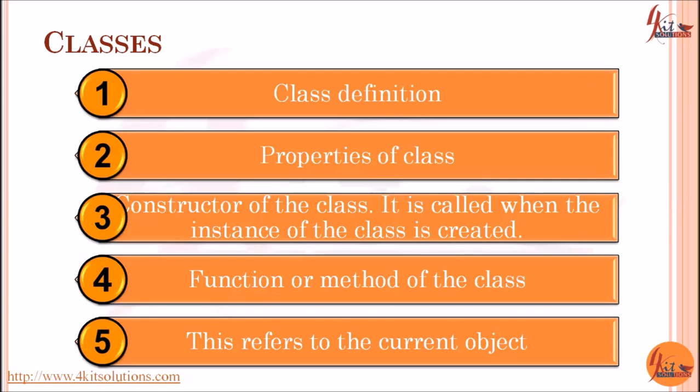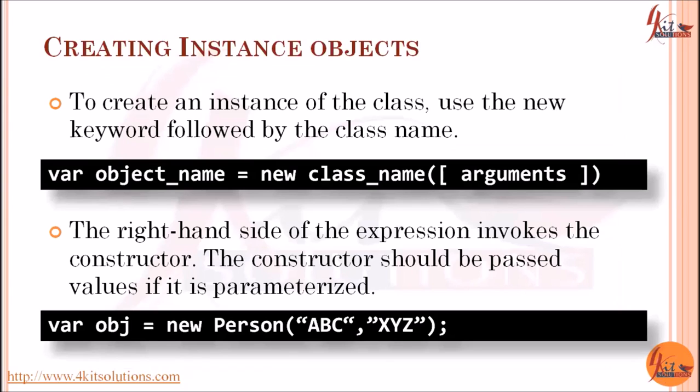So in number one, we have the class definition, the properties of the class. We can define the constructor. We have the functions or methods, and this refers to the current object. Now, how do we create an instance of a class, how do we create an object? We use the keyword new. We use the new keyword followed by the class name.